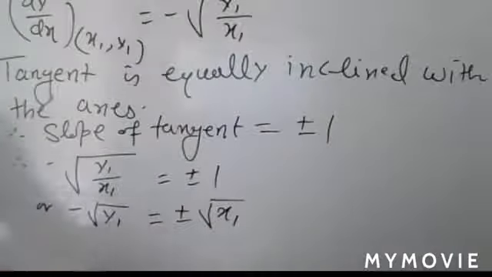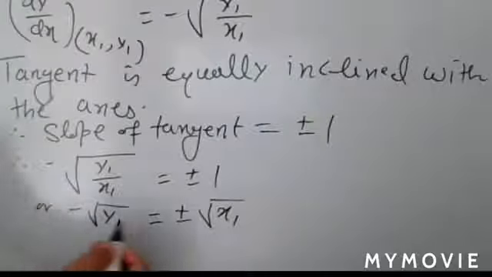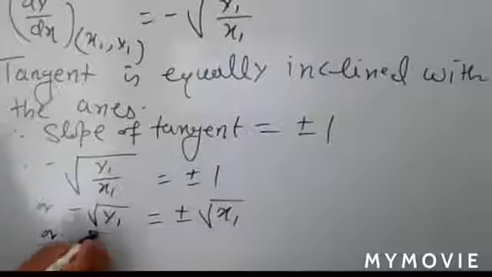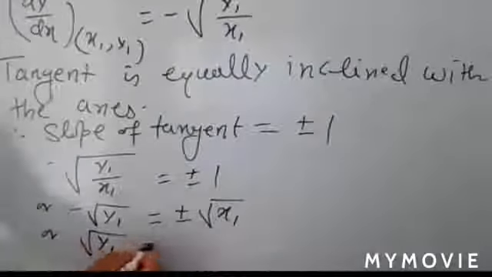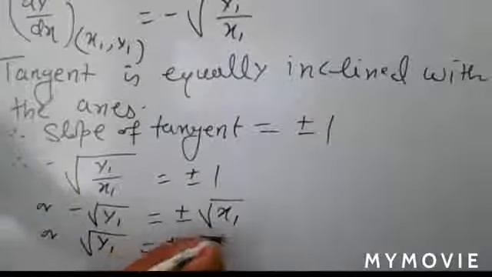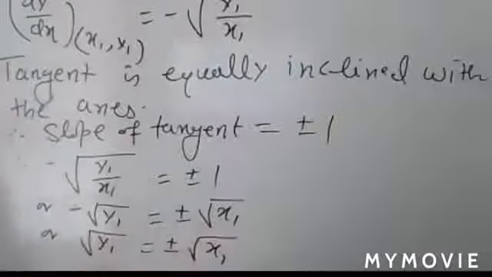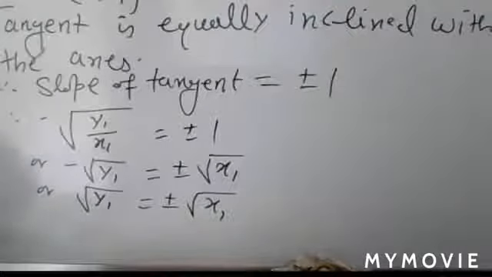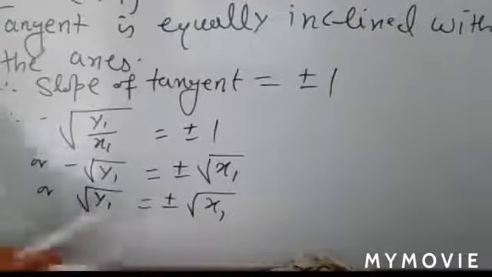So all those are the values here. So yes, you can change its value. So here you have under root y1 is equal to plus minus of under root x1. You can write in this way. I think there is no problem up to this step.